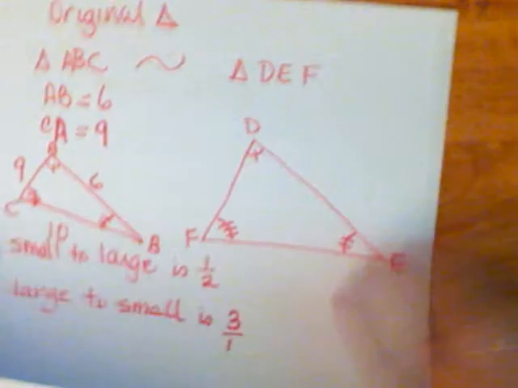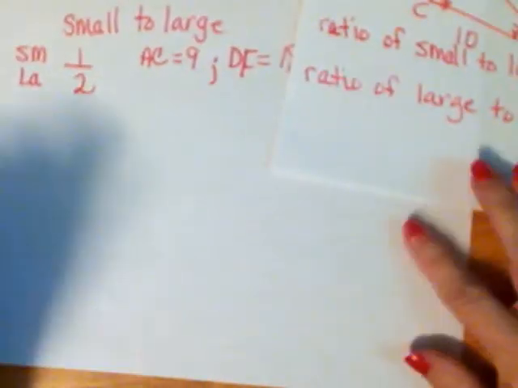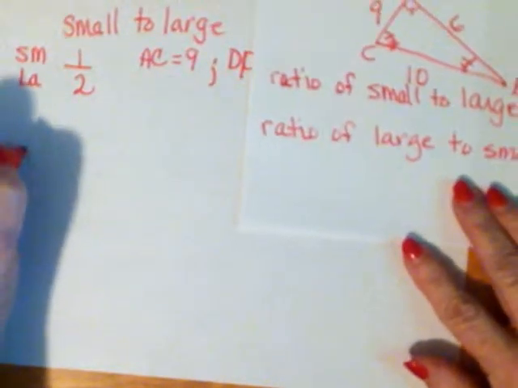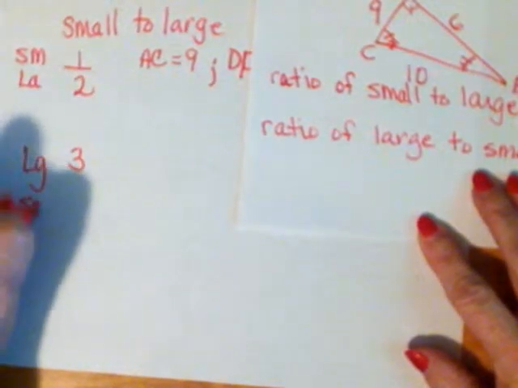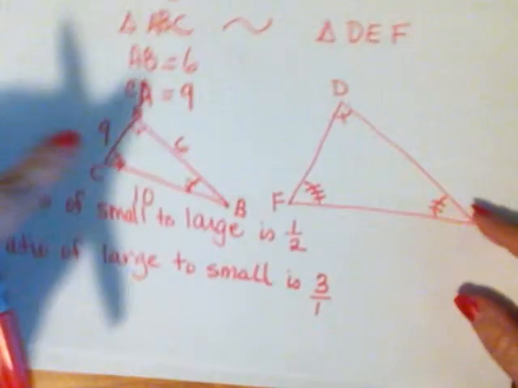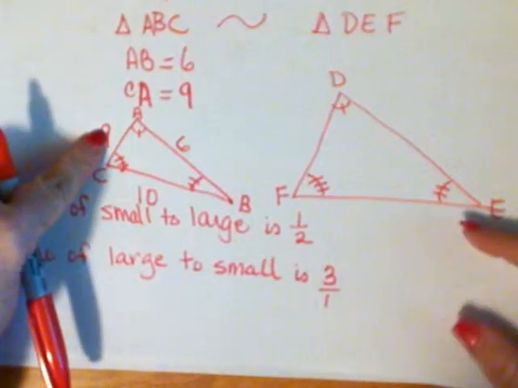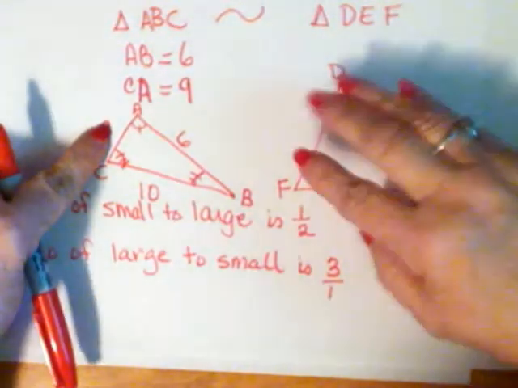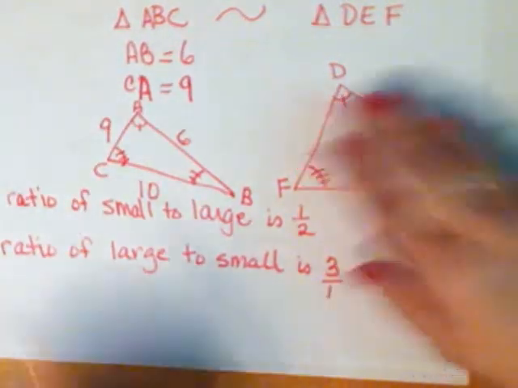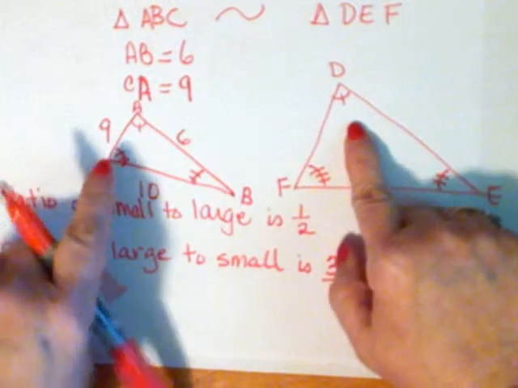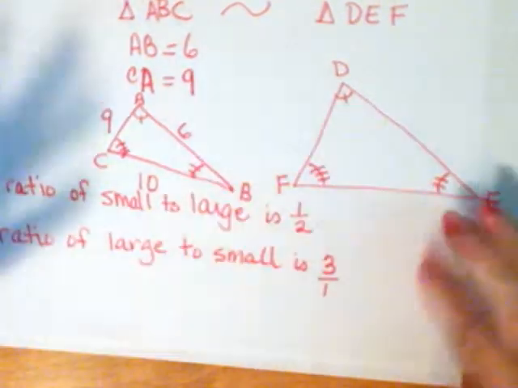Now likewise, what if the ratio of large to small is 3 to 1? Large is 3, small is 1. In other words, to get the small side, I divide the big side by 3. So if I want to go the other way, I have to do the opposite, which is to multiply.